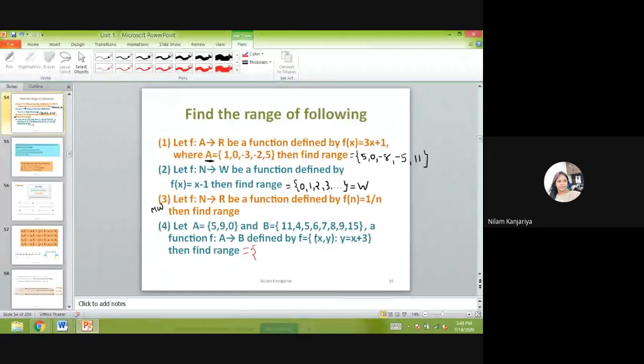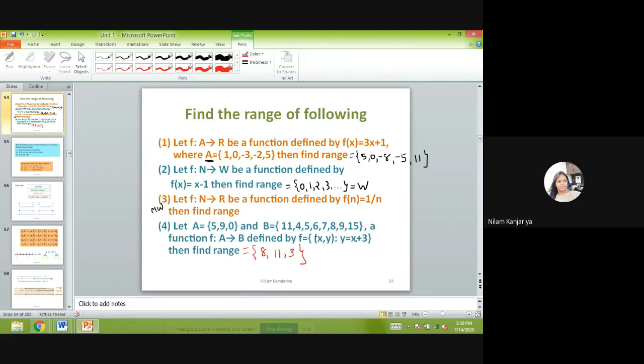To get the answer, then tell me. What is the answer? I changed the function. It's 8, 11 and 3.